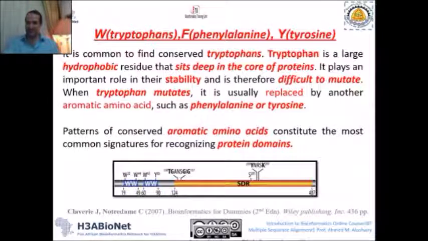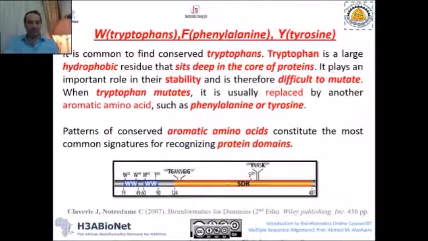These 3 amino acids we can usually find in the active sites or similar regions of the protein. Even when tryptophan is mutated, it is replaced by aromatic amino acids such as phenylalanine or tyrosine, so this could be expected.